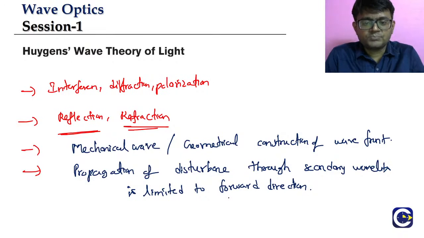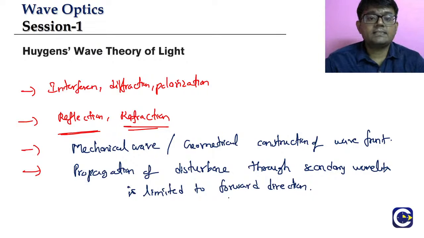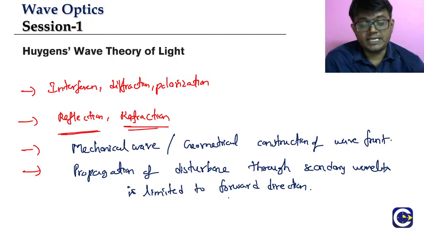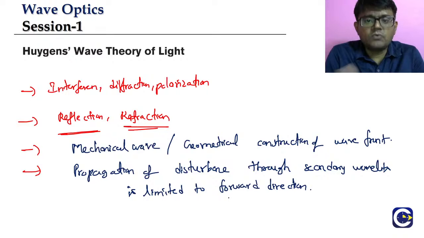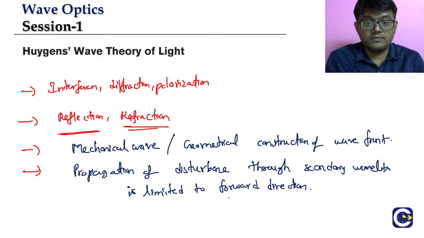So that explanation also he was not able to provide, and that is another drawback of Huygens's theory. But one of the successes of Huygens's attempt is that he was able to challenge what was considered a pretty well established understanding of light, which is the corpuscular theory of light, with whatever primitive understanding of the wave existed at that point of time, because the idea of non-mechanical waves, or waves which can travel without a medium, like in vacuum, that electromagnetic wave concept was not yet discovered.